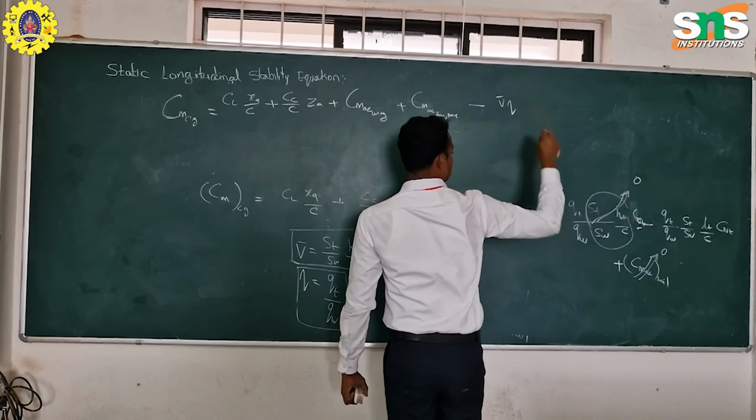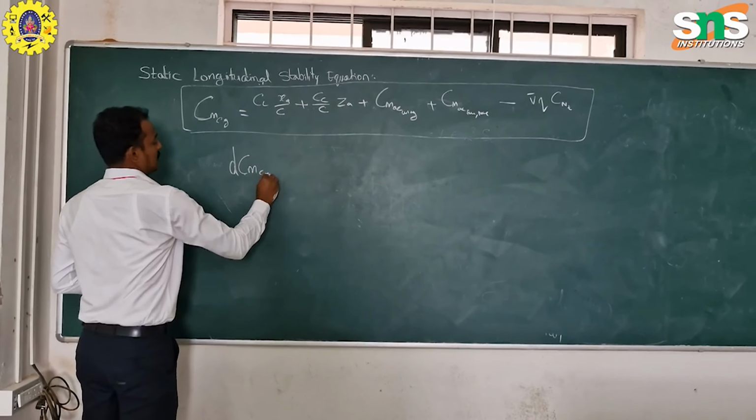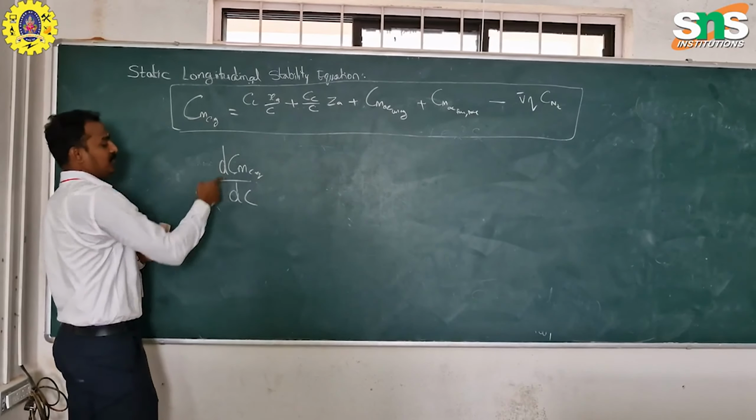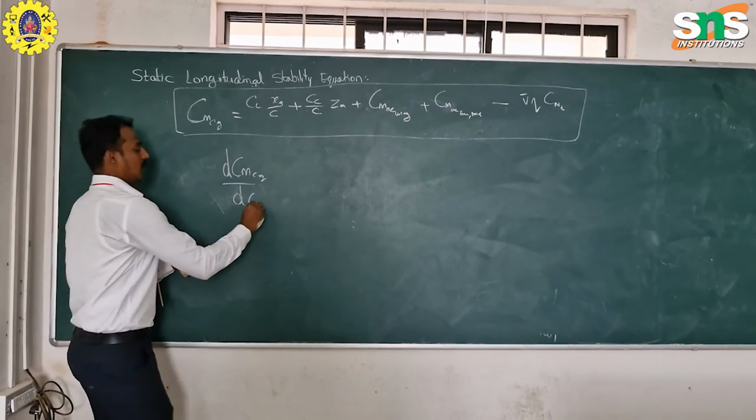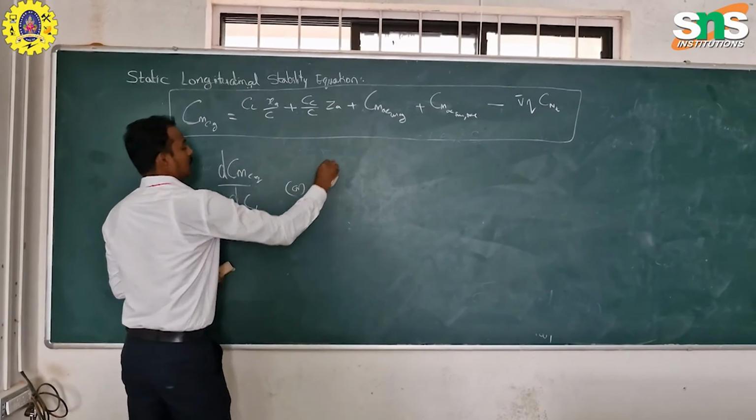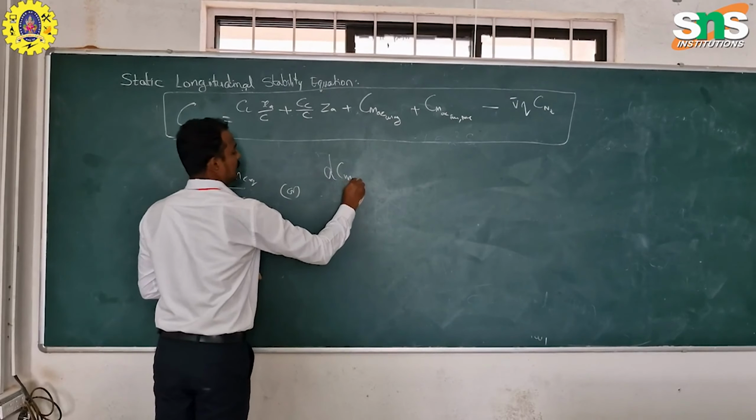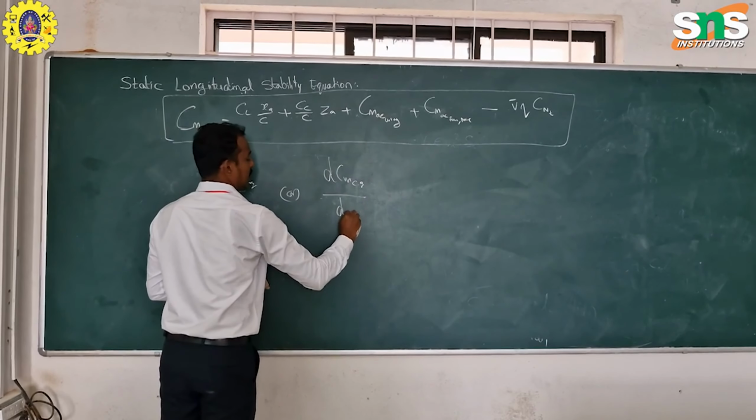which combines the portions of the main wing, tail wing, and fuselage from the equilibrium equation. This CMCG helps us understand whether the designed airplane is stable or not, which gives the stability criteria. So now we are getting the differential equation of dCMCG with respect to CL, the coefficient of lift, or dCMCG with respect to d alpha.